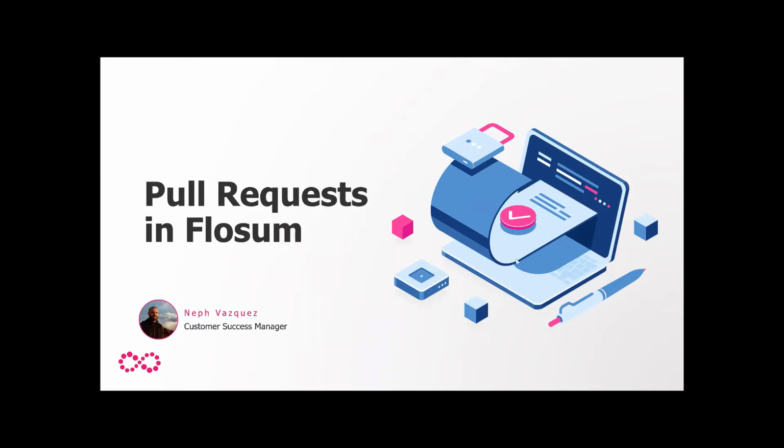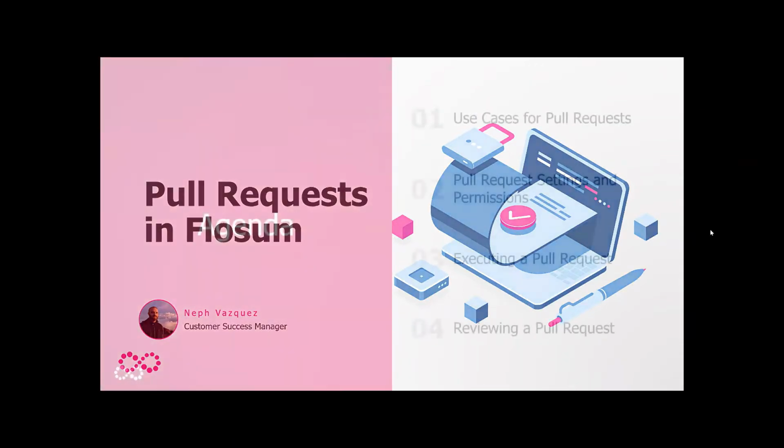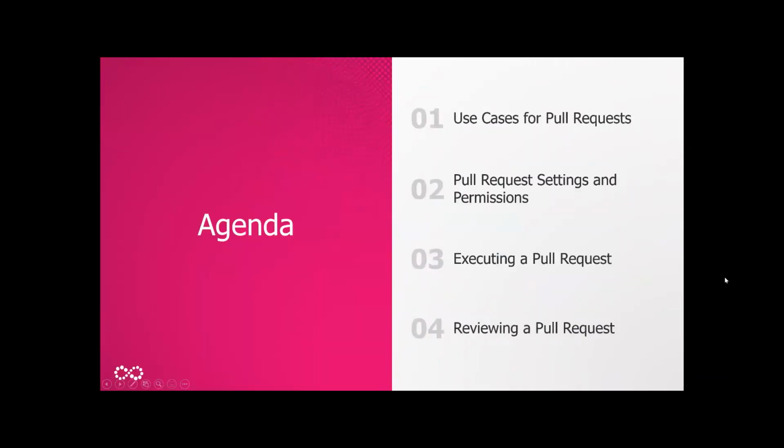And with that, we'll start up with pull requests in Flosum. On the agenda, we're going to go through a quick overview of some use cases for the pull request function within Flosum.